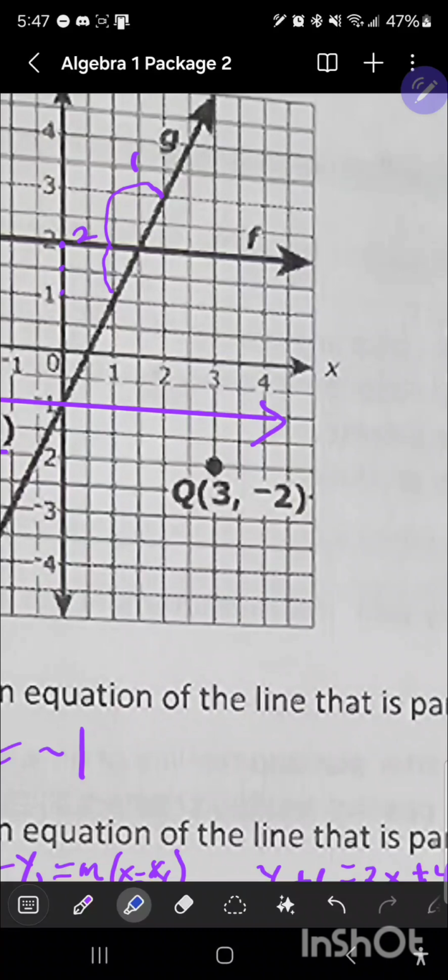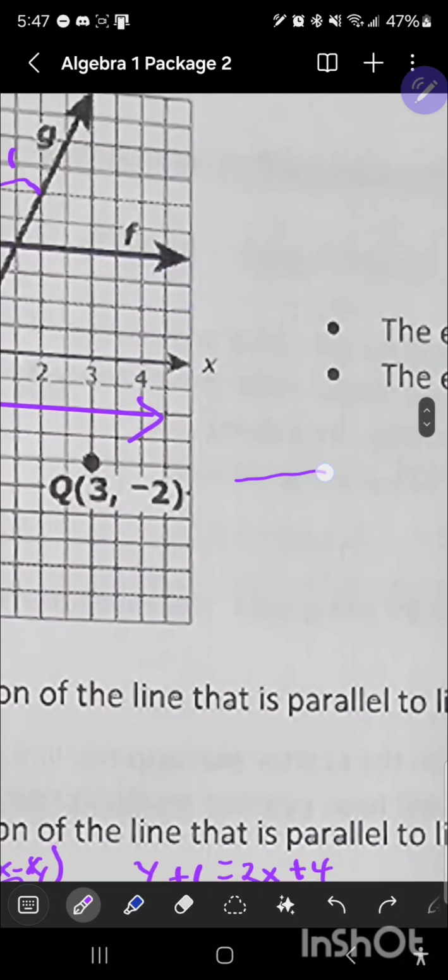But I explained that the perpendicular lines for horizontal lines are the vertical lines. So if we have a horizontal line like this, the perpendicular line will be a vertical line, and vice versa.